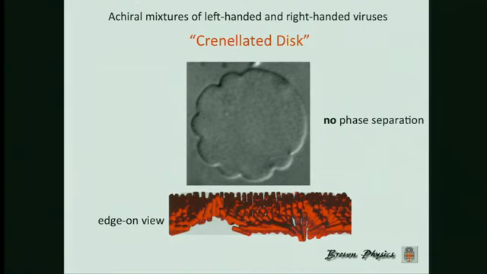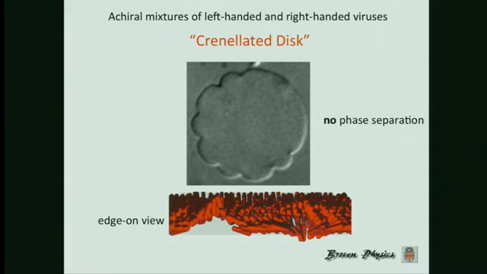Most of what I've shown you so far has been experimental work on purely a particular FD virus, a particular mutant with a particular chirality. I've mentioned achiral stuff, but haven't really focused on that.